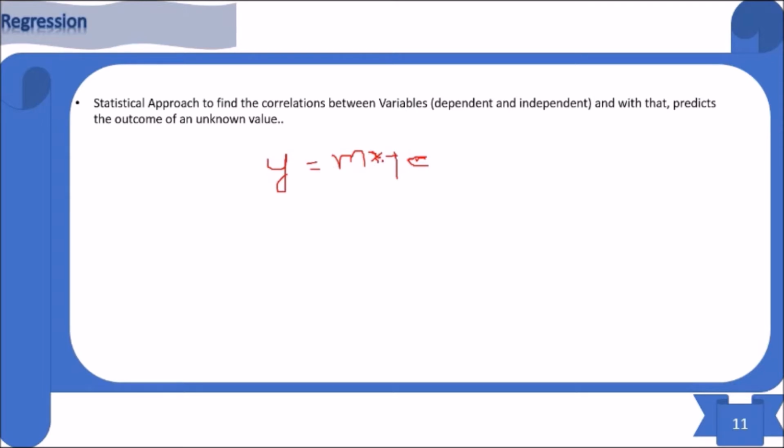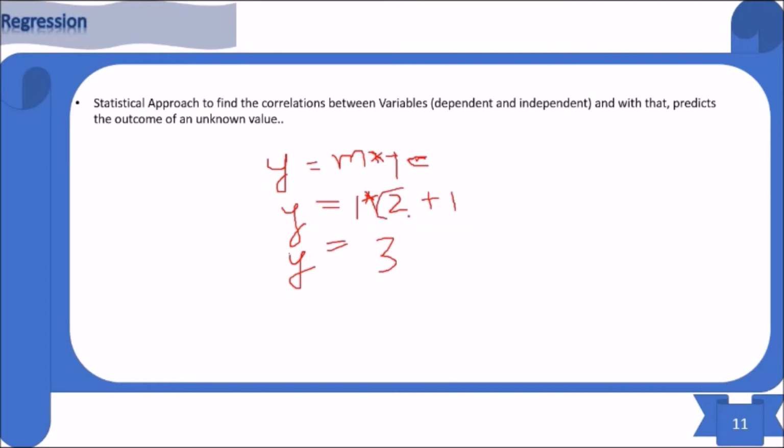Let's consider quickly an example. Now let's suppose the value of m is 1, and the value of x is 2, and the constant c has a value of 1. Now here you can see the value of y will be 1 into 2 plus 1, which is 3.